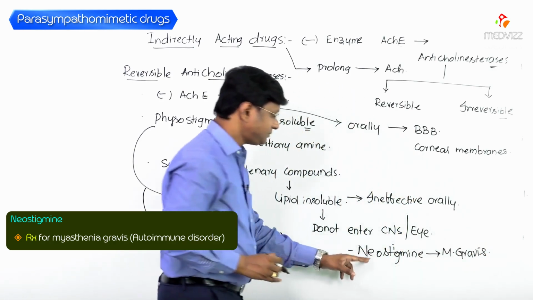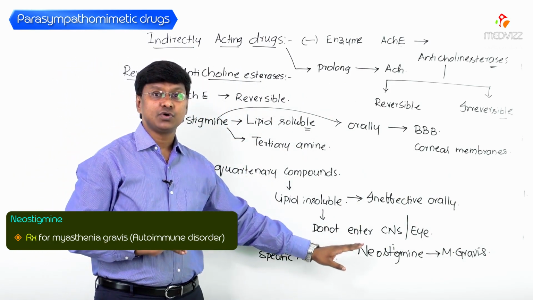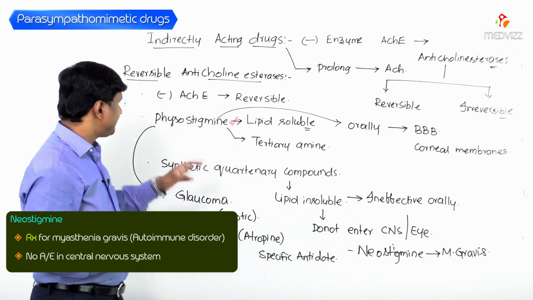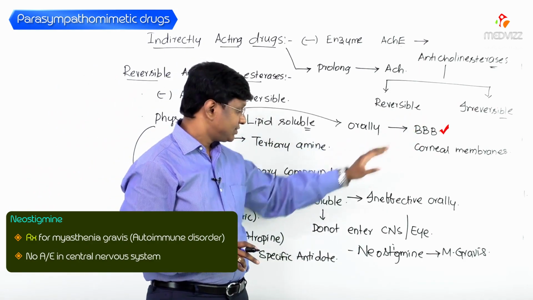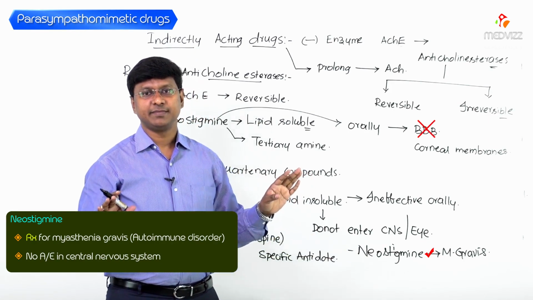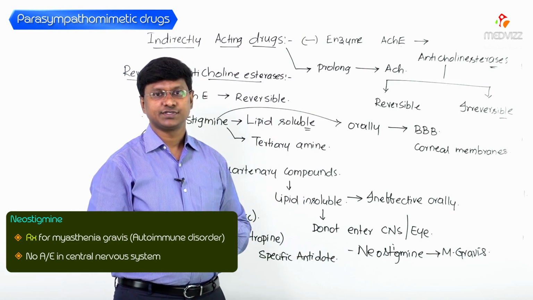Now, a point that you need to remember about Neostigmine is it does not produce adverse effects in the central nervous system. Physostigmine crosses the blood-brain barrier, whereas Neostigmine does not cross the blood-brain barrier. That is the reason why you don't have the adverse effects in the central nervous system.